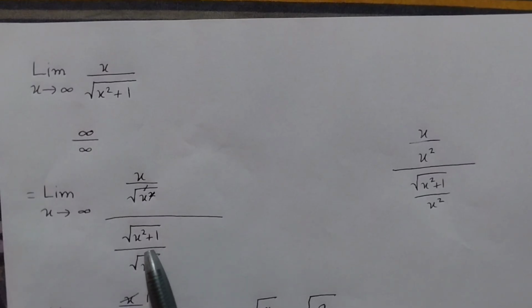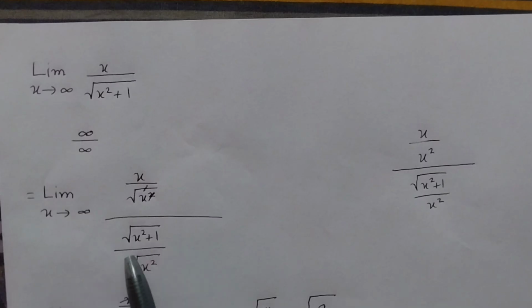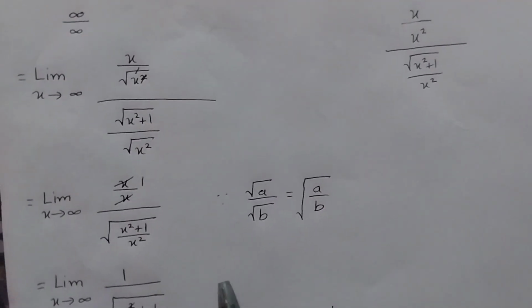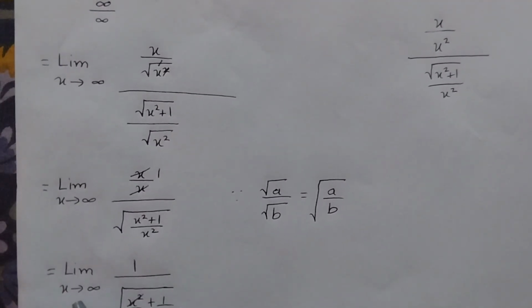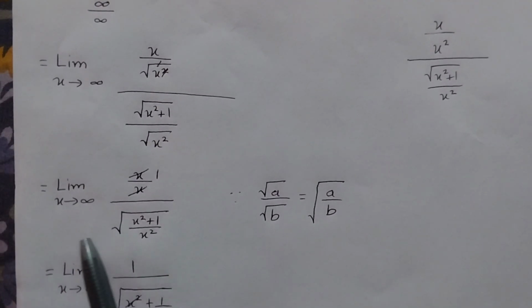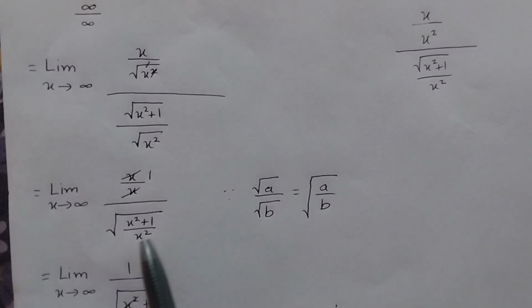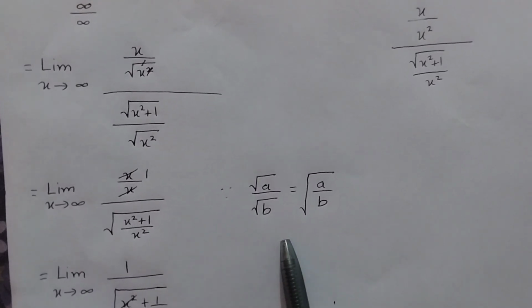Whenever we have two expressions that involve square roots and they are being divided, we can use the property of square roots and write that as a single square root of the quotient of those expressions. So I have written this as the limit as x approaches infinity of x over x, over the square root of x squared plus 1 over x squared. So I've combined the square roots by using this property.